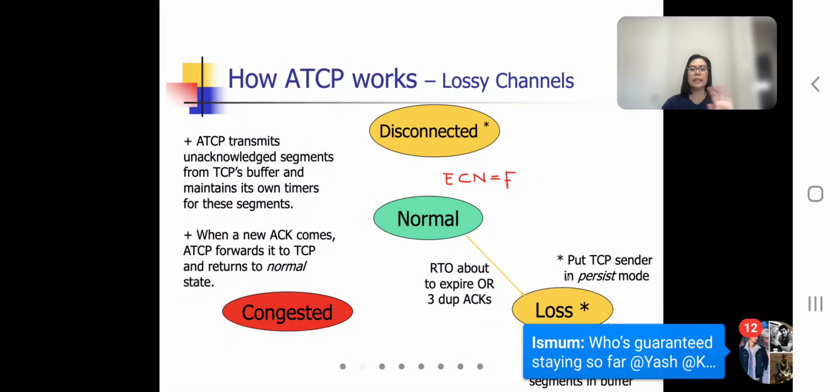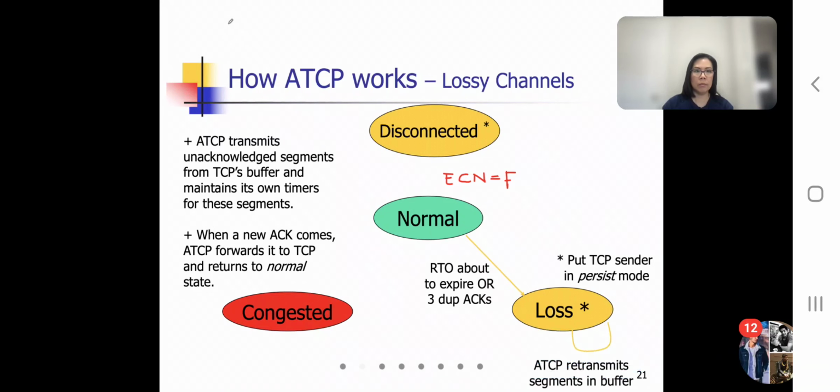But in this case, TCP doesn't do anything because we don't want to reduce the window size. Instead, ATCP will retransmit the segment in the buffer. So it will retransmit these packets.